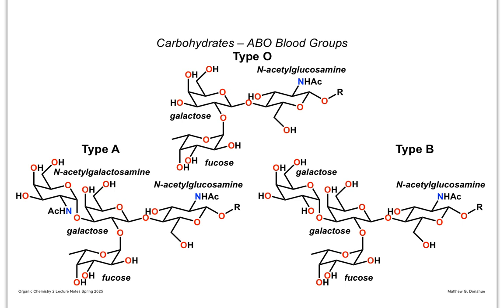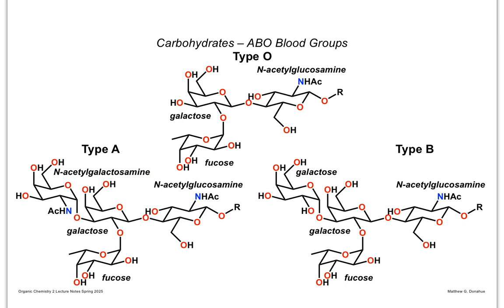And so they all sort of have that, but then let's look at the difference between type A and type B. Can you spot any differences from type O to type A? If you look at this galactose, this equatorial alcohol, this H has been substituted for another molecule of N-acetylgalactosamine.